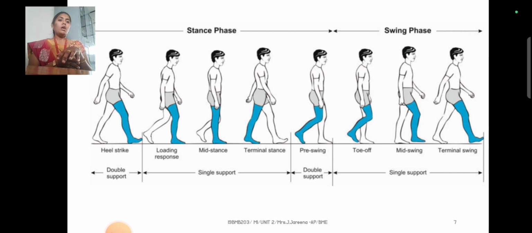Now let's have a small activity to get a deeper understanding of the gait cycle. Students from the third year will demonstrate each stage in the stance phase and swing phase of the gait cycle. Let's have a look, and in the next class we will have a deeper discussion of this gait cycle.